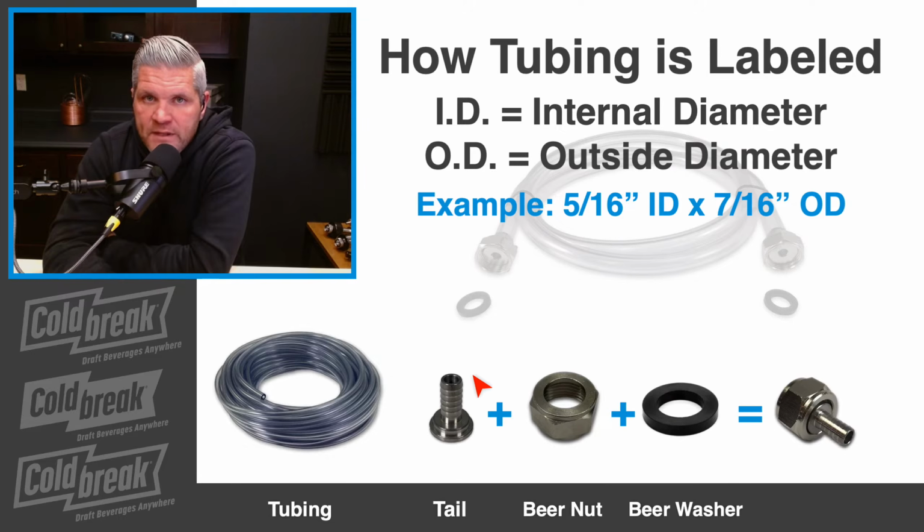So if we label a tailpiece 5/16, it works with a 5/16 ID tubing. An example would be 5/16 ID, 7/16 OD beverage grade tubing. So if you're buying that type of tubing, you need a 5/16 tailpiece to connect to that tubing.